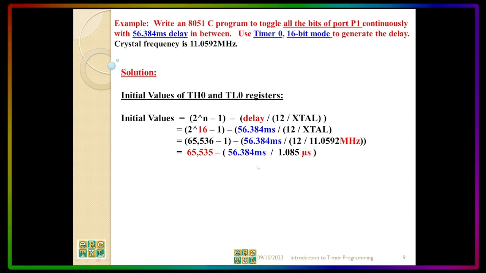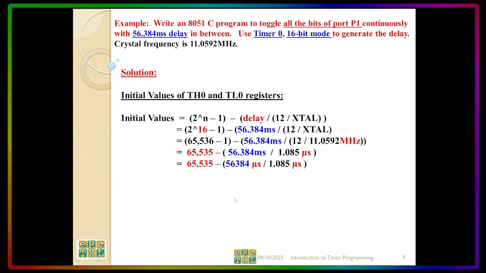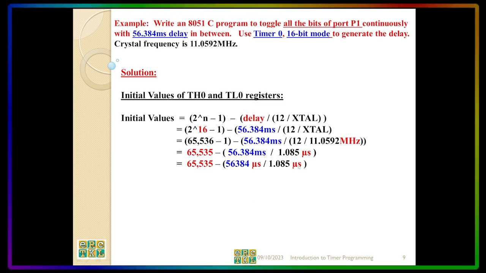Now, at this point, we cannot divide milliseconds by microseconds, so we need to make them the same unit. The 56.384 milliseconds multiplied by 1000 becomes 56,384 microseconds. Now we can divide it by 1.085, which is also in microseconds.